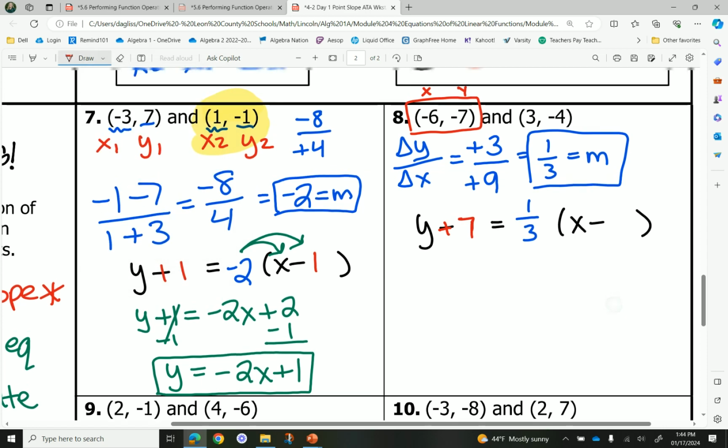And it's going to be x minus what? My x is what? We're using this one. Negative 6. So what's x minus negative 6? There you go.